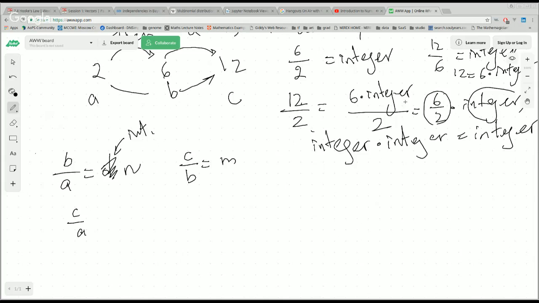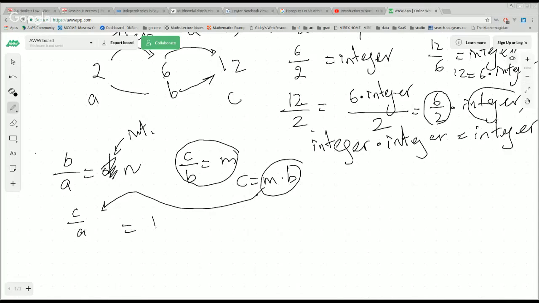How am I going to do this? Well, we'll do the same thing as we did in this example. First, we'll take this expression, we'll multiply both sides by B, and we'll get that C equals m times B. Now I take this expression and put it here for C, and I get m times B over A. Now I can rewrite this as m multiplied by B over A. Why am I doing this?